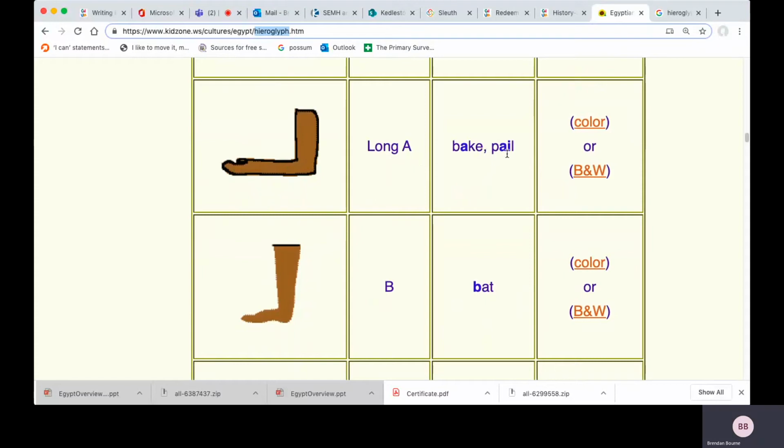And both of those make the long A sound. So this word, b, a, k, bake, or p, a, l, pale. So we've got bake and pale.